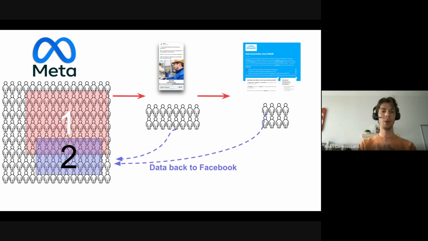There we can tell Facebook, okay, this subset of the initial audience is more likely to convert to applications, and therefore we should target those people more. So this feedback loop is again very important to optimize the campaigns and to increase the campaign efficiency.